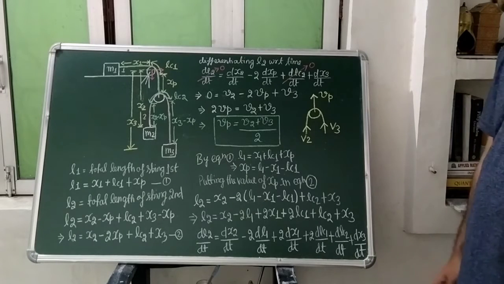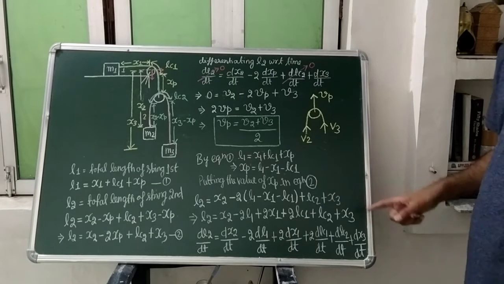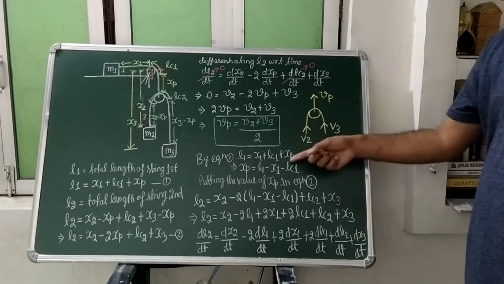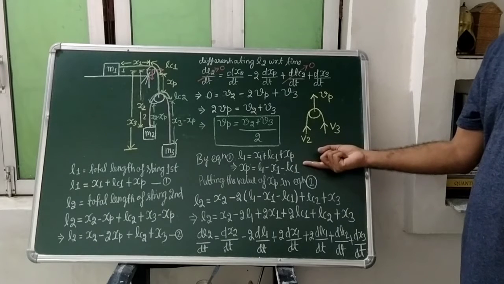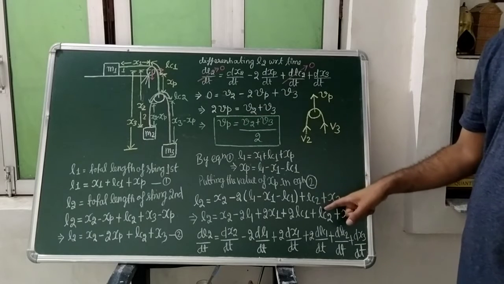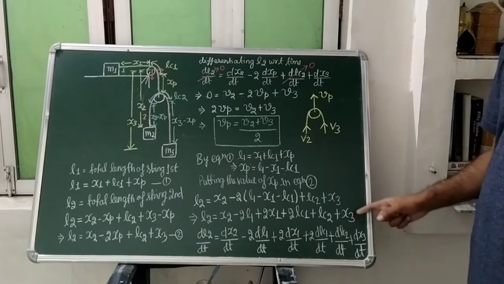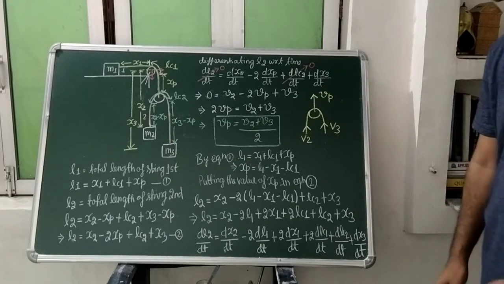So we have differentiated this equation with respect to time. And from where are we getting this equation? By putting the value of XP from equation number 1 into equation number 2, we get this, and that we differentiate.